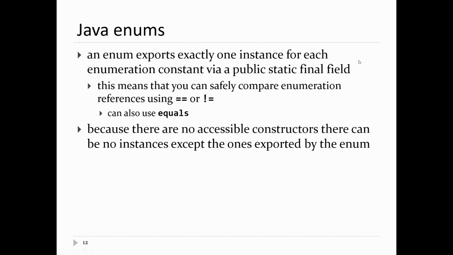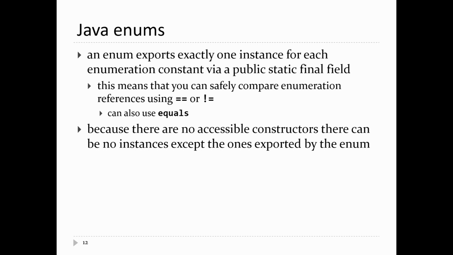So this is worth repeating. The language guarantees that for the enumerated type, there's only one object for each constant, and those constants are just public static final fields. Now what does that mean? That means if I want to compare 2 days, I can safely use == or !=. I don't have to use the equals method if I don't want to. You can if you want to, but you don't have to.